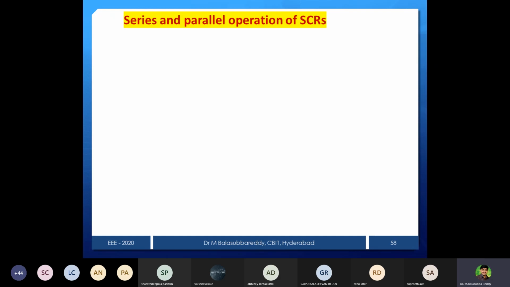Like that they may ask for the number of SCRs connected in series or in parallel, NS and NP, which depends purely on your voltage and current ratings. That is one aspect. Another aspect is that we need to find the string efficiency and the device utilization factor.